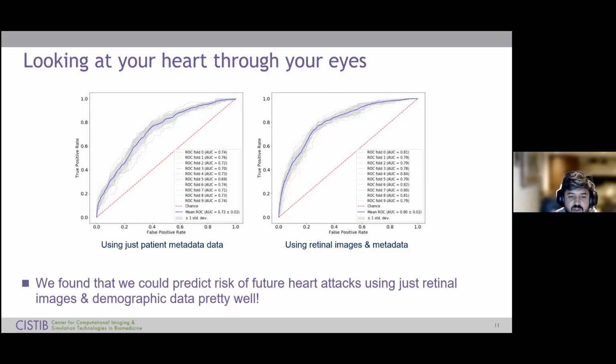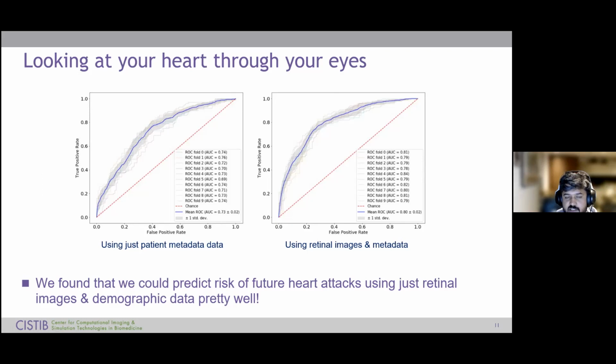And what these demonstrate is if we actually include just retinal images and metadata once our model has been trained, there is a significant improvement compared to using metadata alone.